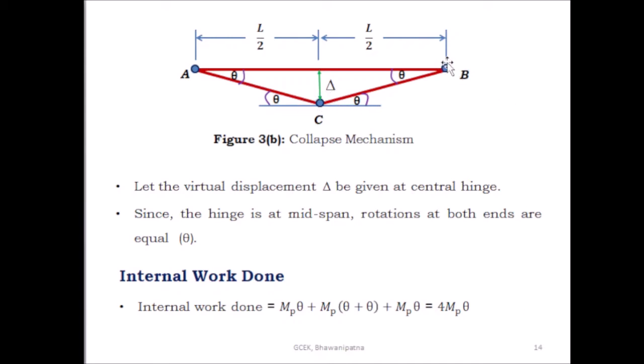And at the plastic hinge B, the plastic moment is MP and the rotation is theta, so the internal work done is MP into theta. So the total internal work done is MP theta plus MP into 2 theta plus MP theta, which is equal to 4 MP theta.